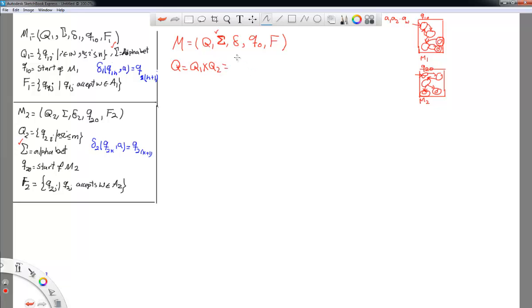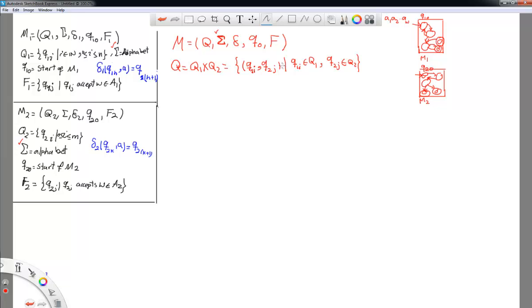When that happens, then this Q is going to be an ordered pair Q sub 1 I comma Q sub 2 J, such that Q sub 1 I is from Q sub 1 and Q sub 2 J is from Q sub 2.